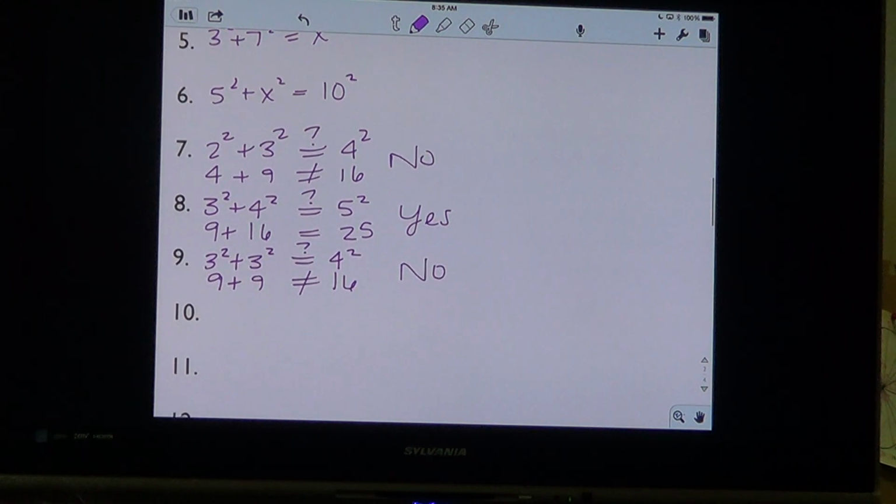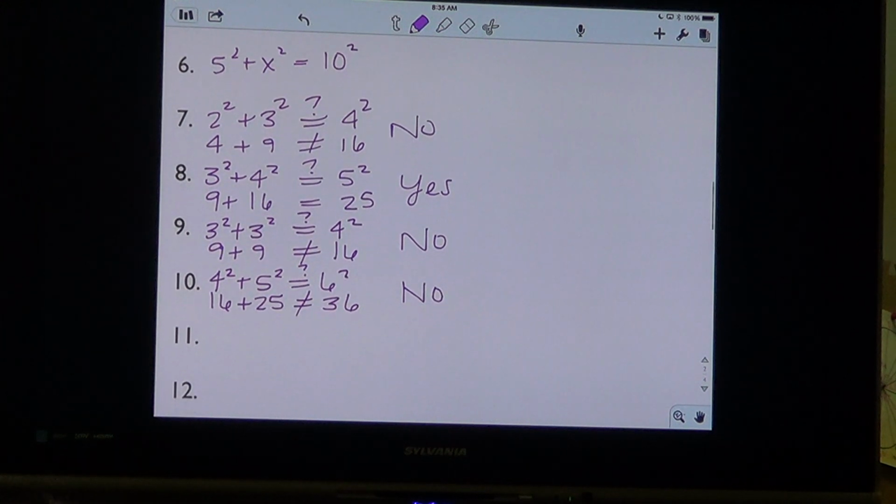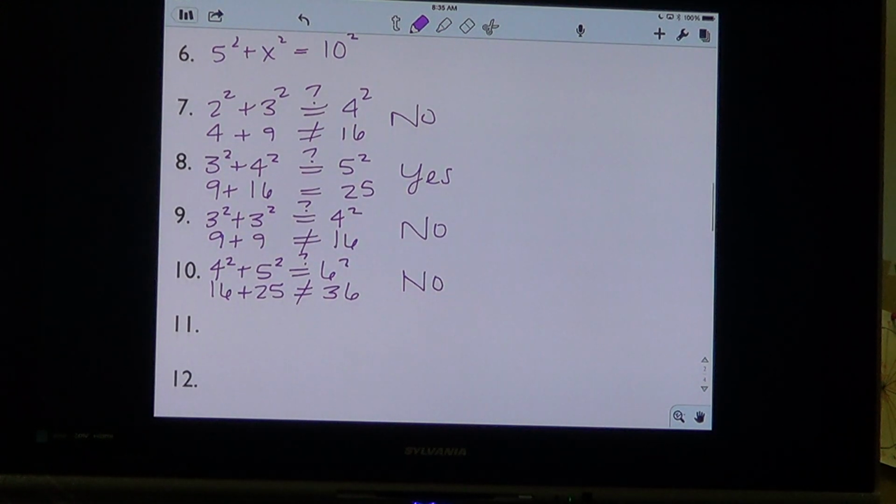Good. 10. 3 squared plus 5 squared equals 6 squared. So 9 plus 25 equals 34, not 36. No. Does not. 11.